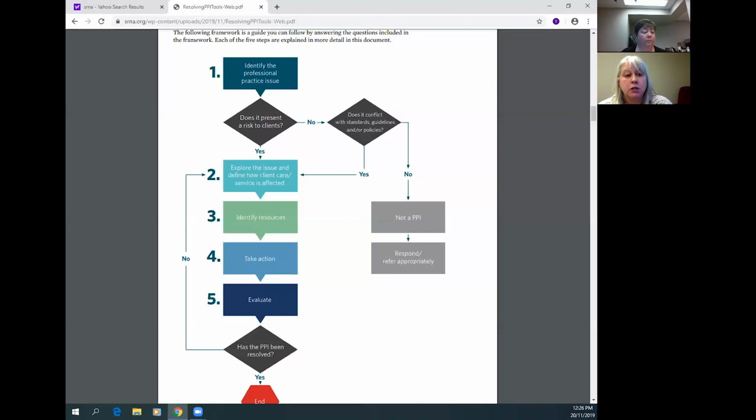So we included in the appendices a couple of sample responses to professional practice issue letters of concern that you might get. As a manager, I would expect that somebody would come and deal with me directly at the lowest level, have a conversation with me. However, if for whatever reason people feel that the concern is not getting addressed, and now I've received a letter of concern, as guided through this framework, then I need to respond to that in some kind of constructive, positive, informative way.